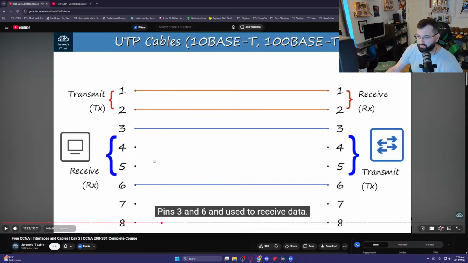So this is the part that confuses me, is that on the PC, 4 and 5 receive data, but over here on the switch, it transmits the data. I think some of this stuff is so dumb. Why in the world would you need two ends of a cable?